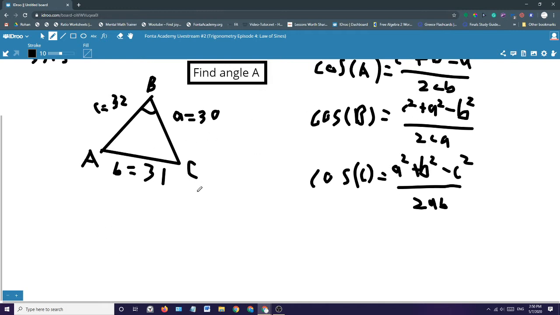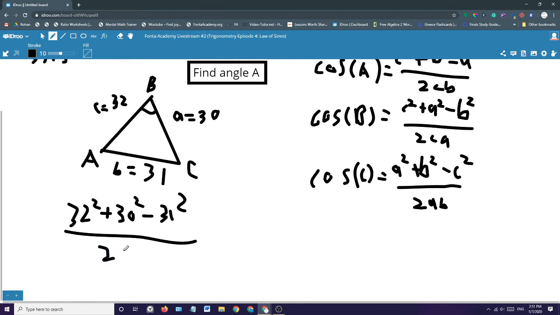So c squared, which is 32 squared, plus a squared, in this case 30 squared, and minus b squared, 31 squared, over 2ca.